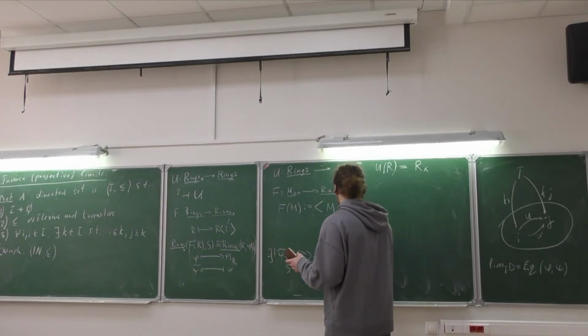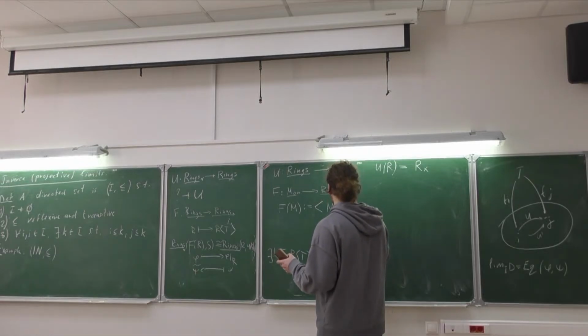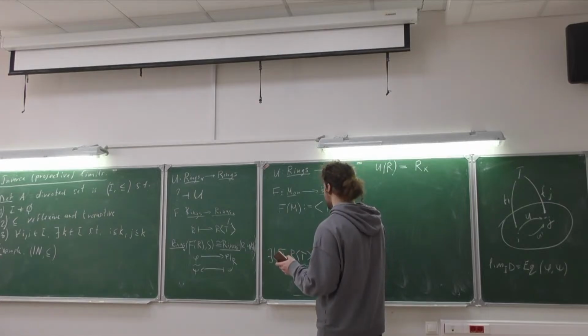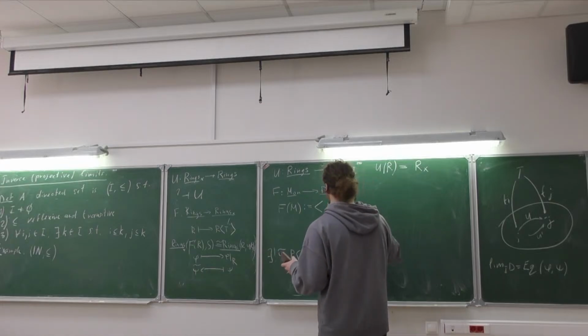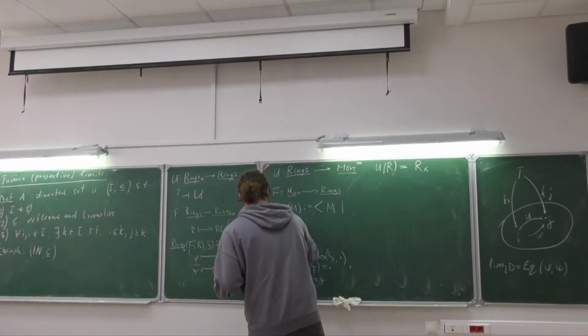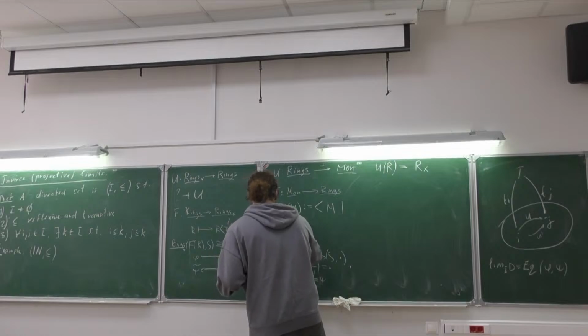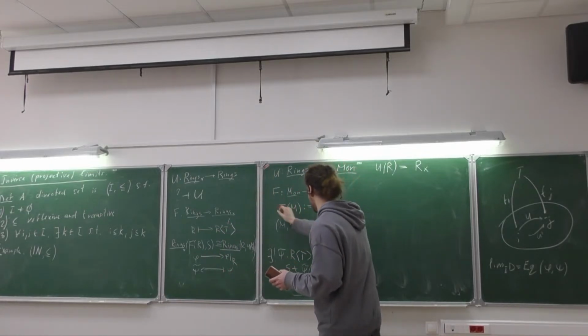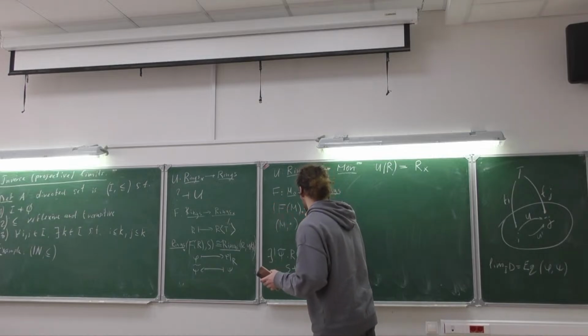Okay, let me distinguish two different multiplications. I say that the monoid has the multiplication dot, and my ring will have the multiplication star.